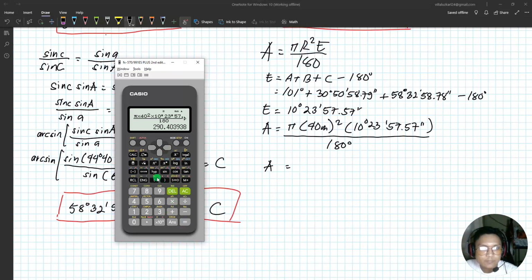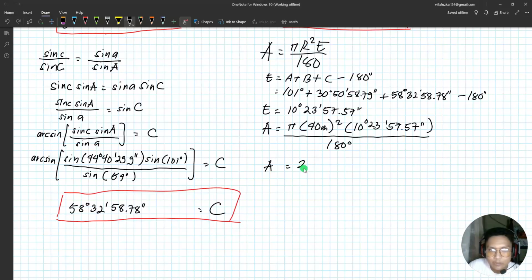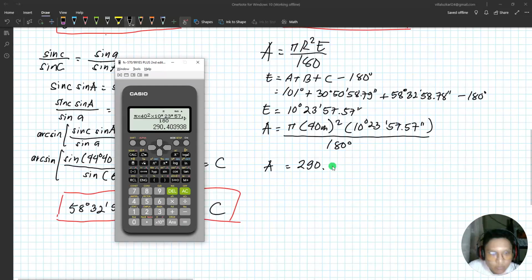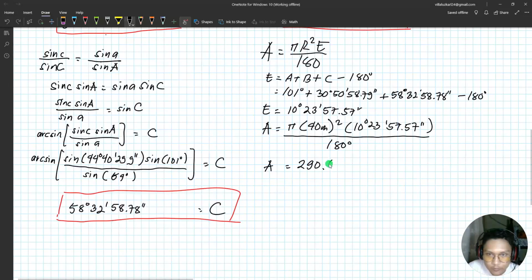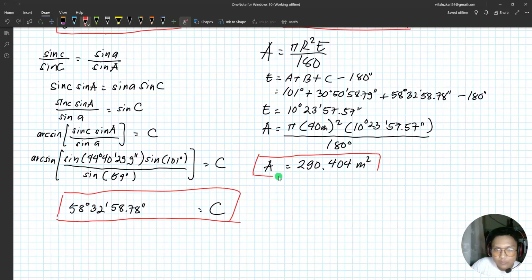We have 290, and it's a unit of area. We can use decimal, 290.404 square meters. That's your answer for the area of the spherical triangle.